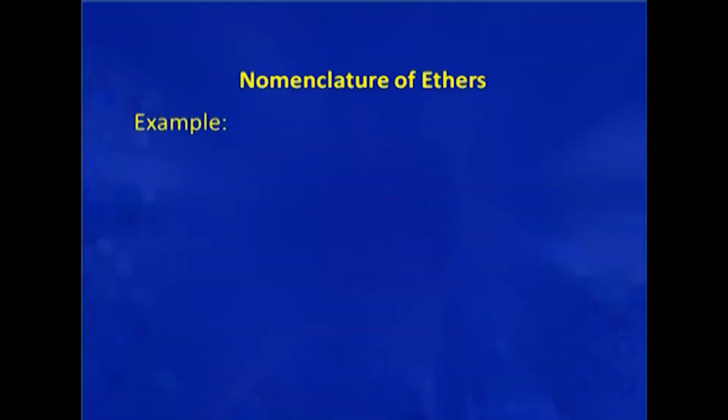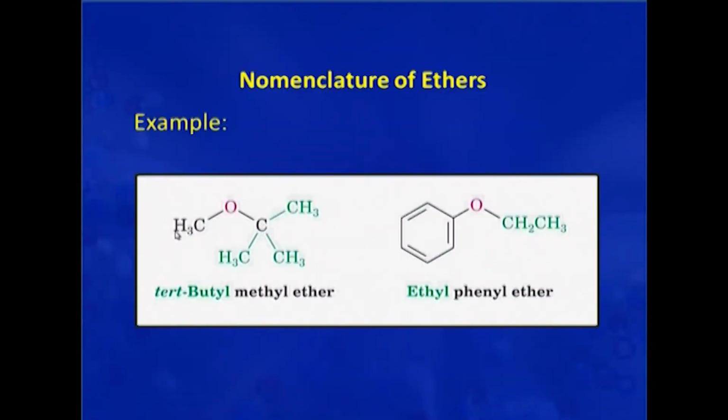With some more examples, we will discuss the nomenclature of ethers. In the first example, one group is a methyl group and the other group is a tertiary butyl group. Again, tertiary butyl is alphabetically preferred over methyl group, and that is why the name of the ether is tertiary butyl methyl ether.